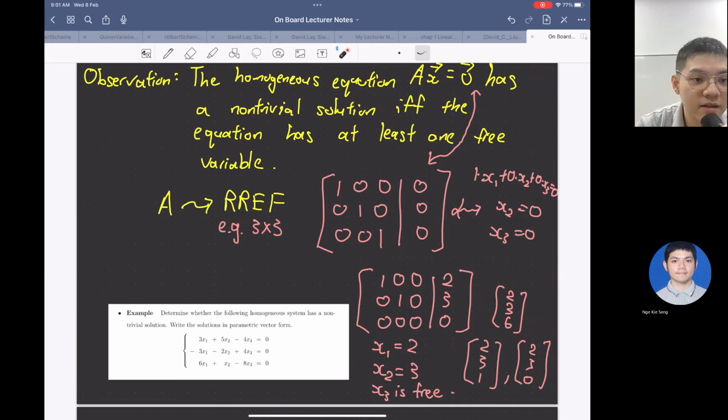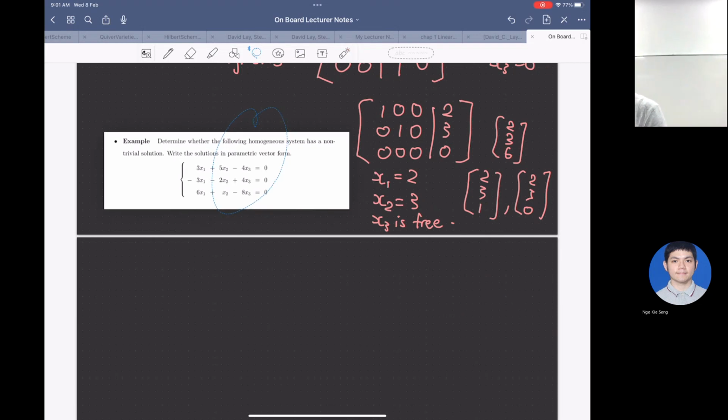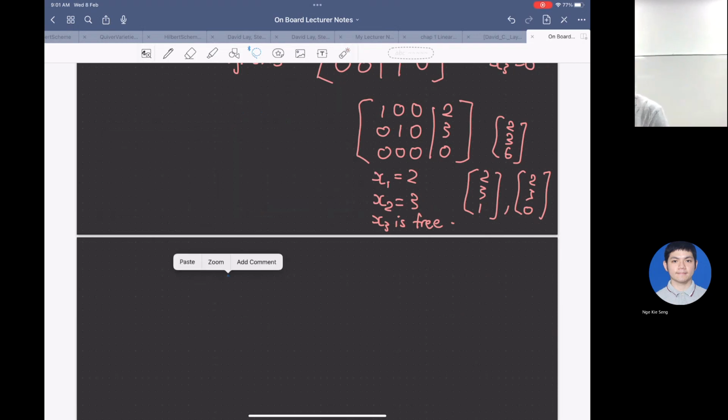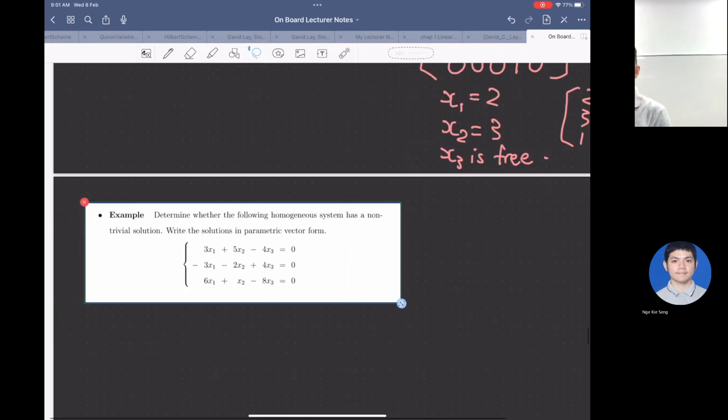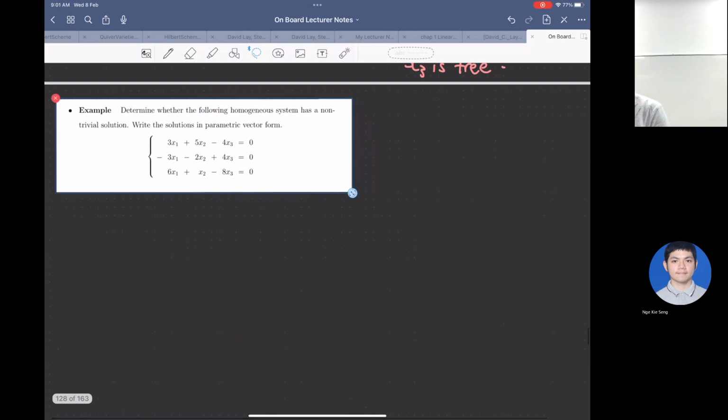Let's test you again and see if you can do row reduction. Let's do the tutorial first. Try to row reduce this homogeneous system. Another way of asking the same question is whether the following homogeneous system has a non-trivial solution.